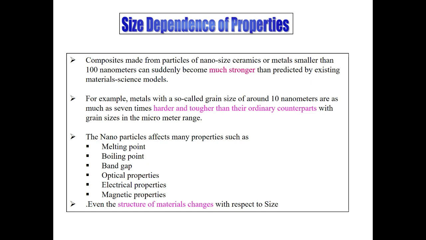Initially when metal is converted into nanometal, it has some oxidation state, maybe +1, +2, +3, and when that oxidation state +1, +2, +3 is converted into the nanometal, at that time the oxidation state becomes 0, that is a 0 valence state. How does this happen?